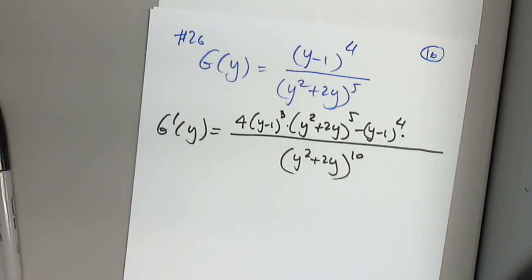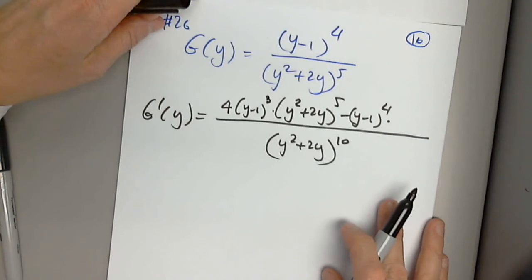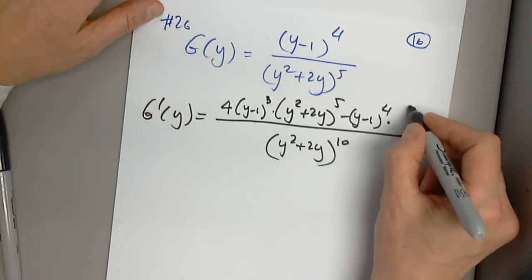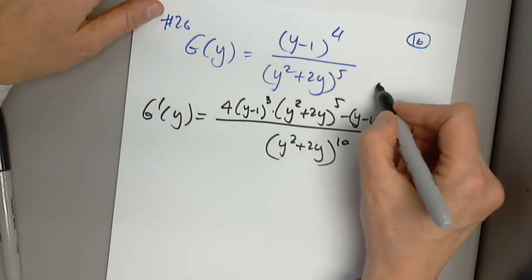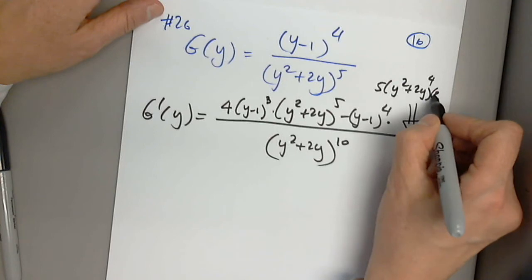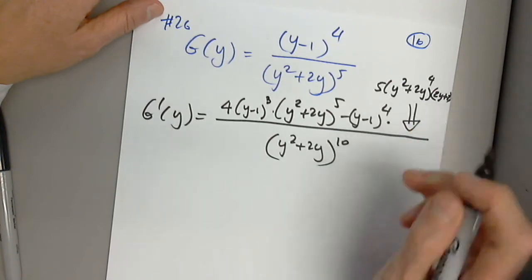I will bring 5 in front, I will subtract 1 from the power, but I will have to differentiate the inside. What is the derivative of the inside? 2y plus 2, very good. So then I will not have enough room, so I'm going to put an arrow. So 5 times y squared plus 2y to the fourth times 2y plus 2.